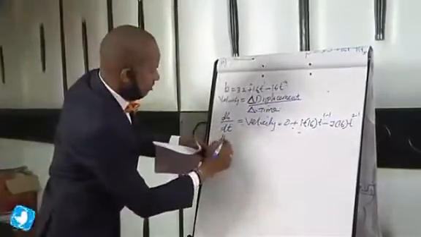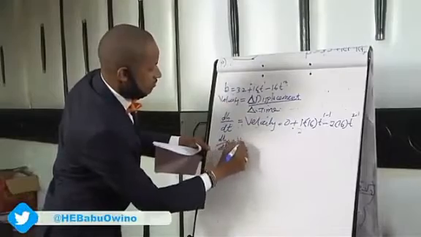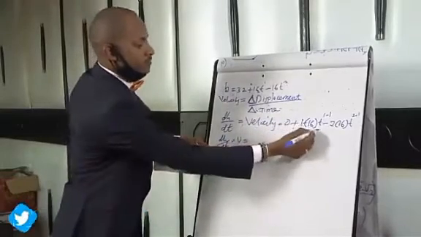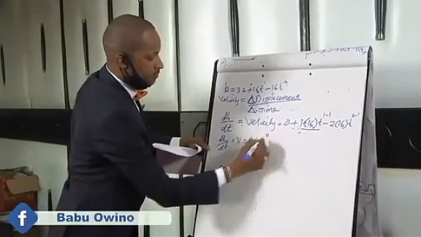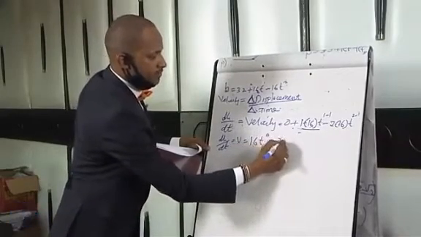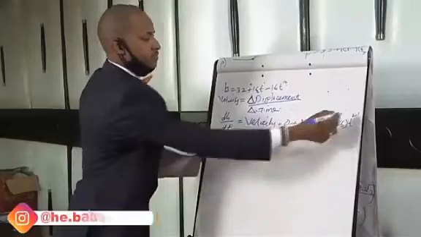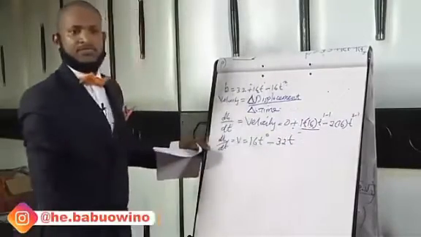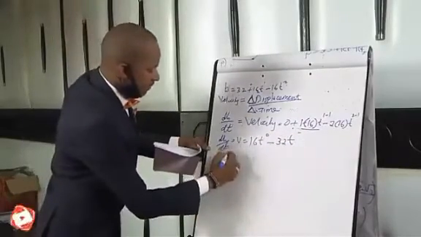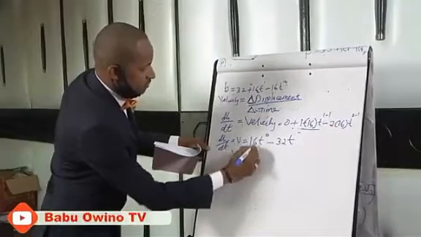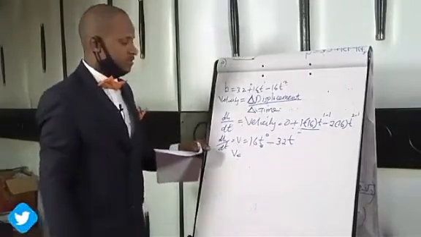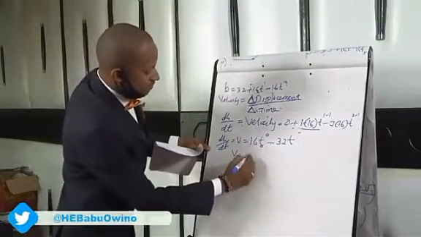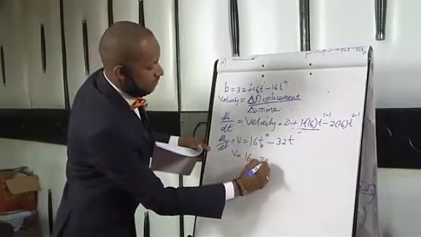Now dh/dt, which is our velocity, equals 16t to the power 0 minus 32t to the power 1, which is still the same as 32t. Any number or letter raised to power 0 is 1. Therefore, velocity is 16 minus 32t.